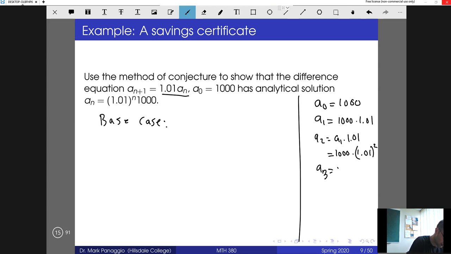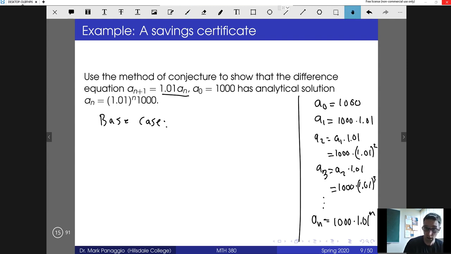A3 is going to be A2 times 1.01, which is 1,000 times 1.01 squared if I have just A2, but then I have another factor of 1.01, so now it's going to be cubed. And from there, you can make your conjecture that An is 1,000 times 1.01 raised to the n. Okay, so there's our conjecture.